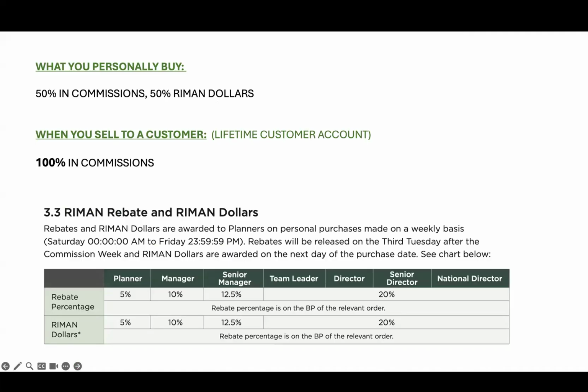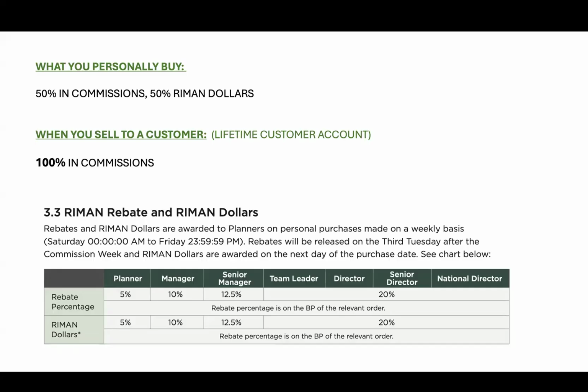Now, the other part you have to be really mindful of is we have Riman rebates and Riman dollars. This is more of a US policy and procedure because we want to follow the rules and be in coordination with the FTC. Whatever you personally buy, you're going to get 50% in commissions and 50% in Riman dollars, meaning I went to my shopping mall, I bought it, 50% in commissions, 50% in Riman dollars that I can save for a rainy day and buy.